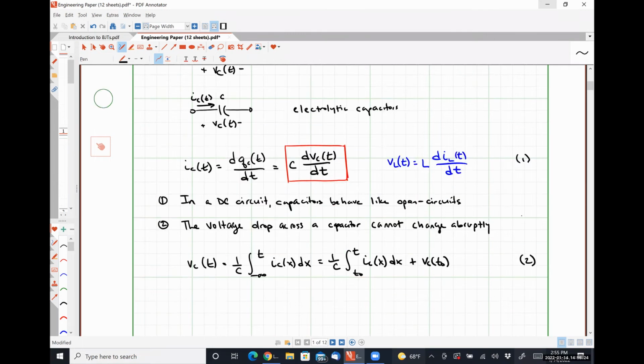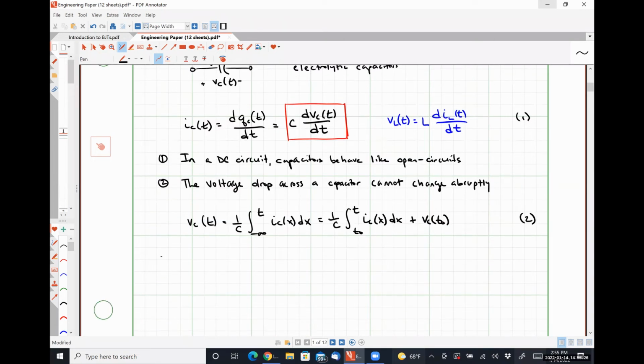So for power, we'll still have capacitor current times capacitor voltage. This is now going to be C V dV by dt.